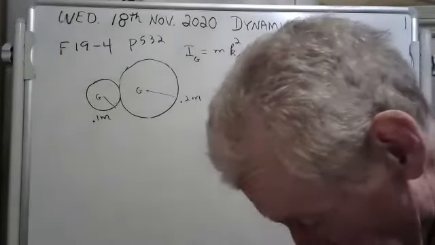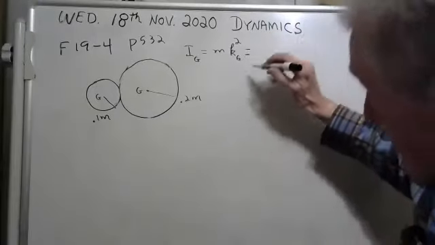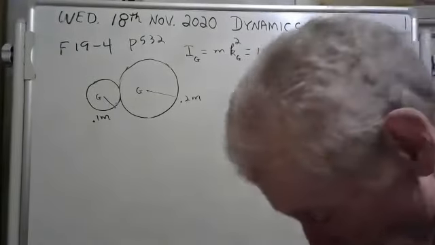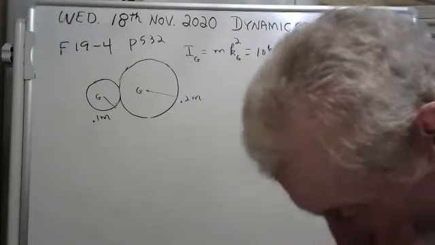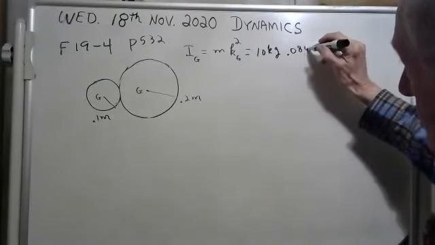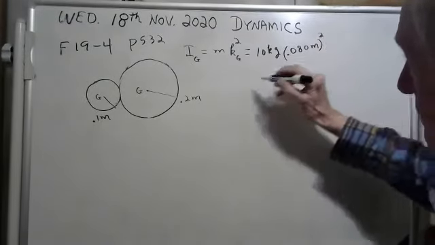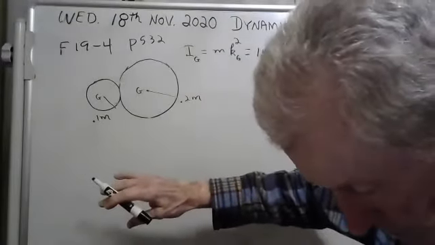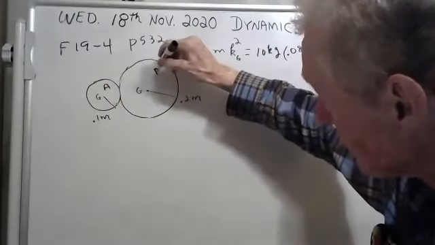And they give it to you. This mass here is 10 kilograms. Radius of gyration is 0.80 meters. Well, that's for A. There's an A and a B. We're going to call this A. We'll call this B.